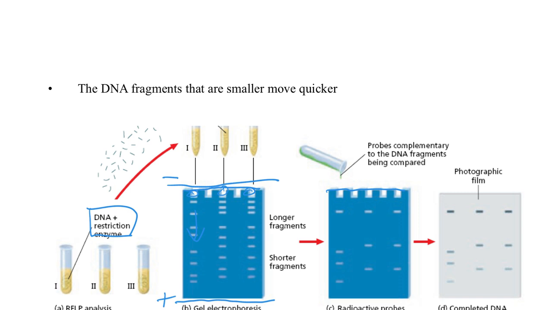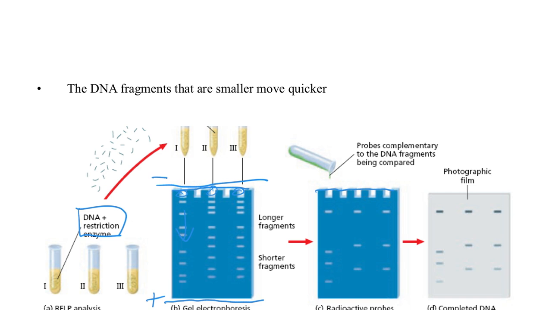Okay, now the longer fragments are heavier, and they take a longer time to move down the gel. The shorter fragments move faster. So what you do is you let the electricity run until the shortest fragments have almost hit the bottom. Then you stop the electricity.